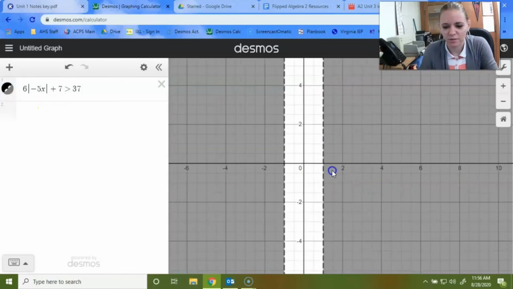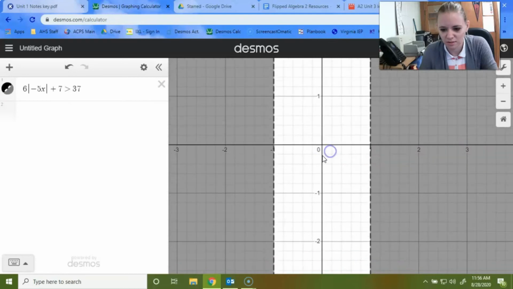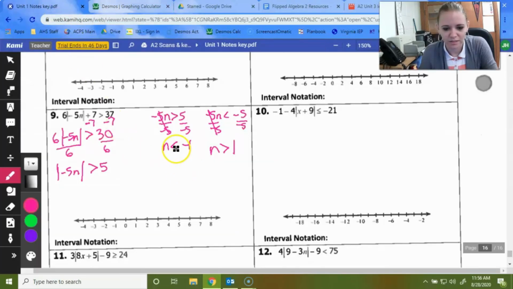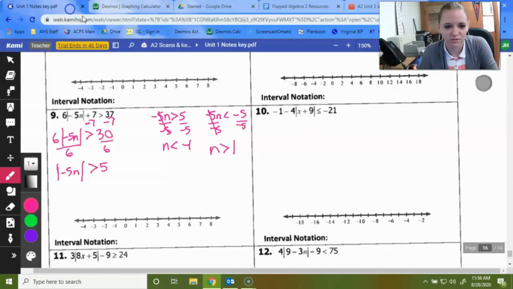Sometimes you just start humming a Christmas song. Let's see what Desmos tells us. It tells us the same thing, less than -1, greater than 1. Let's just make sure our signs are right on that. Yeah, less than the -1 and greater than the +1. Alright. Looks like we're good to go on that.